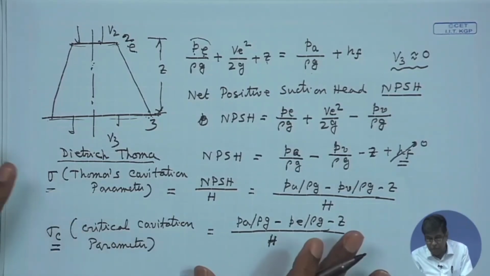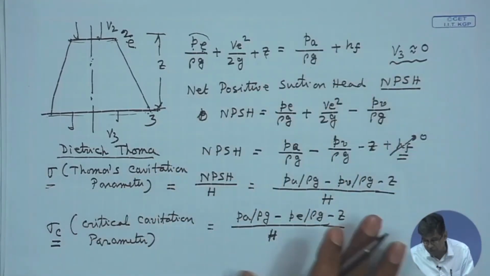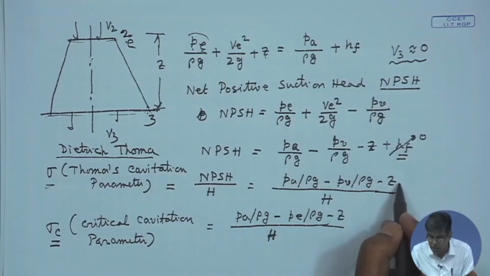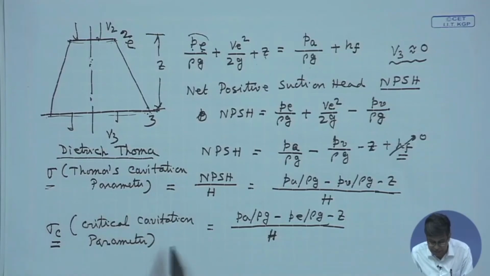Now, up to this you are following the mechanical deductions. Here we have neglected the HF, which is very small, but you can include HF, it does not matter much. So, this is the Thoma cavitation parameter, and this is the critical one.